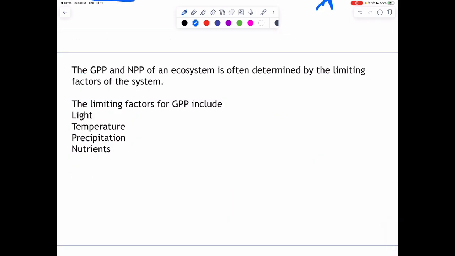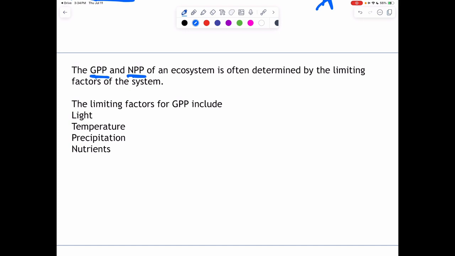All right, now we will dive into this a lot later, but this GPP and this NPP of an ecosystem are often determined by some very limiting factors and often give us an idea of the status of an ecosystem and how it's doing.